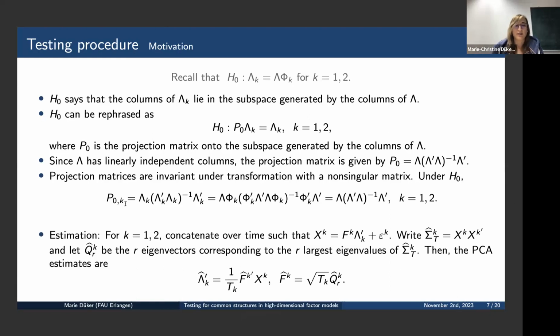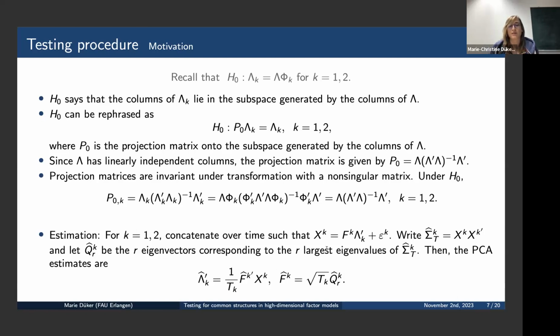So before we get to the test, let's recall the estimation. Estimation for factor models is always done through, or one way is to concatenate over time. So this gives us this closed form. So xk would basically be just the concatenated series over time. So we would have T vectors of dimension d concatenated, and then we calculate based on that our sample covariance matrix.